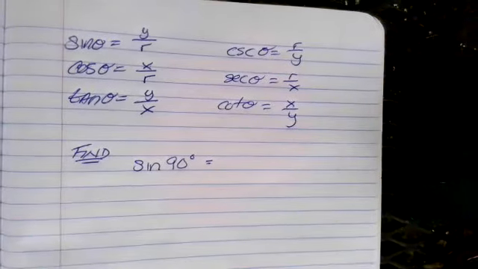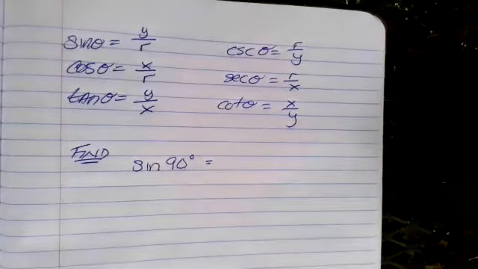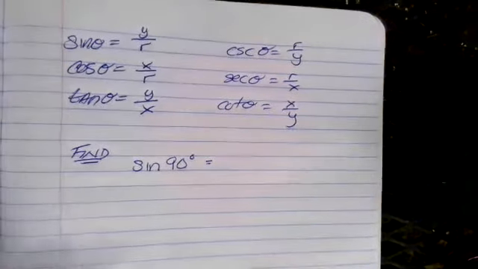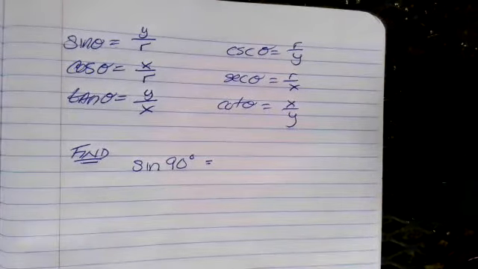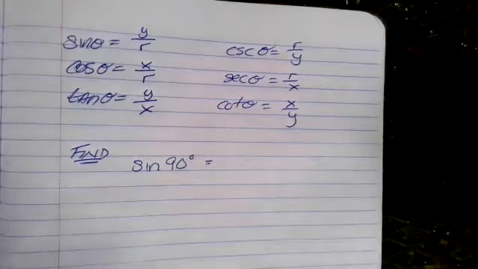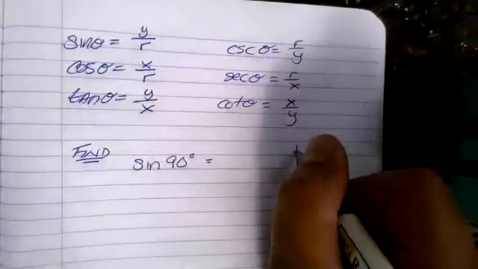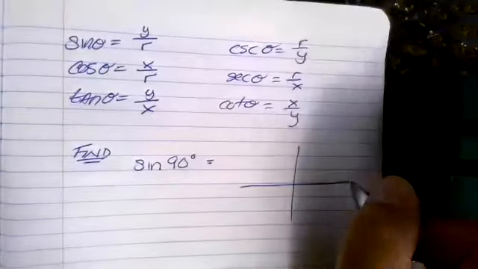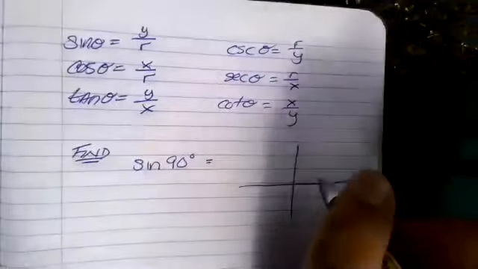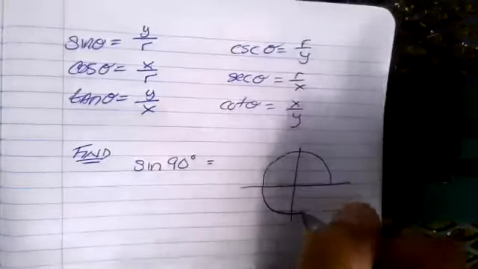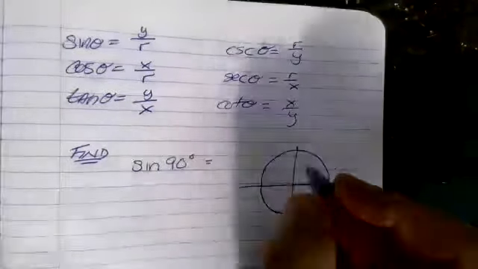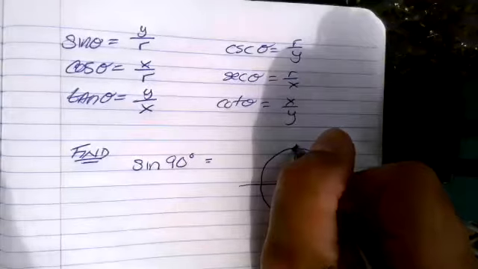So if we look at our trigonometric function values in terms of x, y, and r, and you were asked to find the function value of sine of 90 degrees, well, 90 degrees is up here at 12 o'clock.